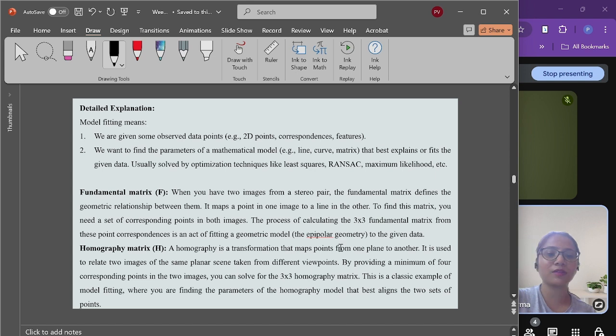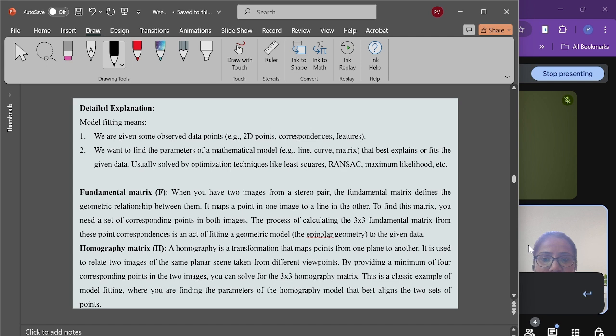Okay, now what has the homography matrix done? Already we have solved many questions on the fundamental matrix and homography matrix. So what is their contribution to model fitting? A homography is a transformation that maps points from one plane to another. It is used to relate two images of the same planar scene taken from different viewpoints.